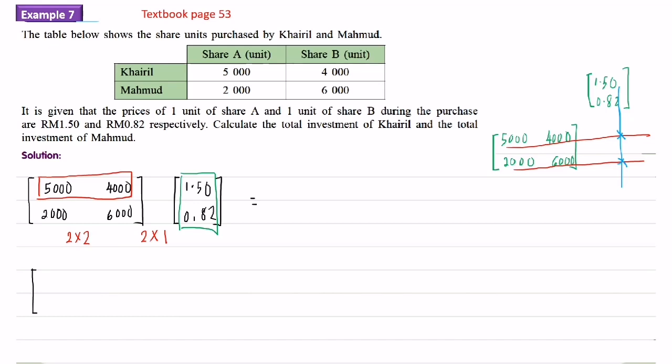Okay, 5,000 times 1.5 plus 4,000 times 0.82. So you must remember, if one row has two numbers, it means you have plus here. Okay, so the second row also: 2,000 times 1.5 plus 6,000 times 0.82.